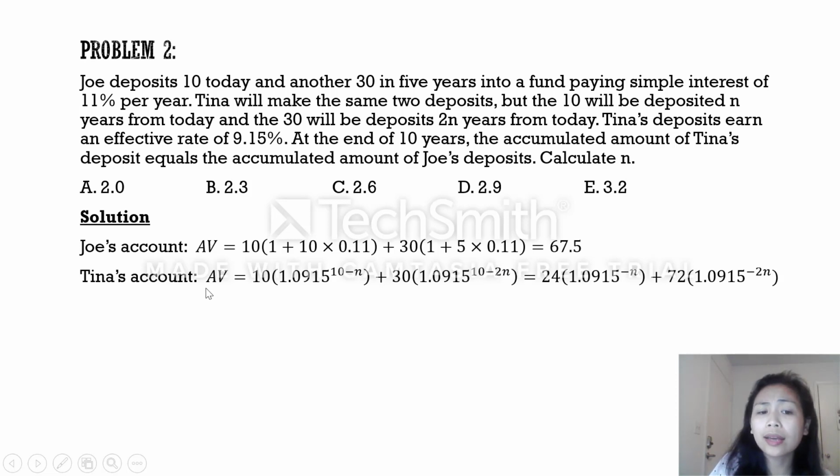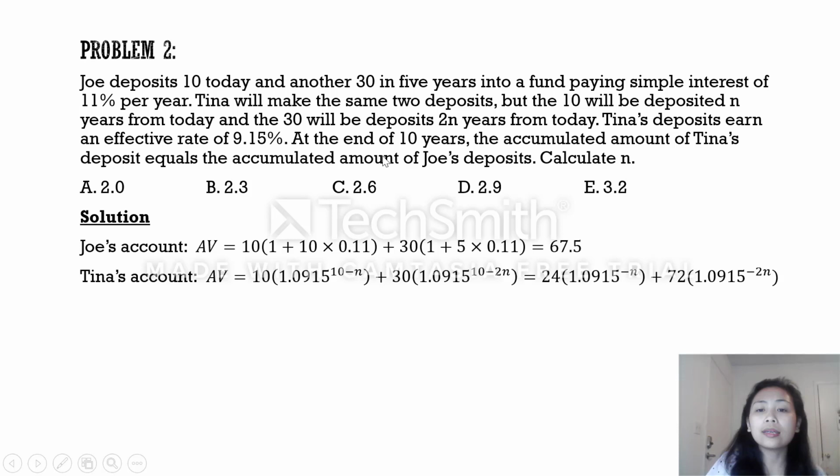That's why the accumulated value of Tina's account is 10 times 1.0915 to the 10 minus n plus 30 times 1.0915 to the 10 minus 2n. And that is 24 times 1.0915 to the negative n plus 72 times 1.0915 to the negative 2n.